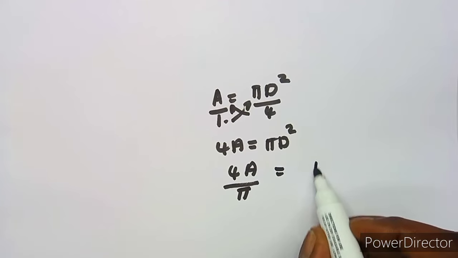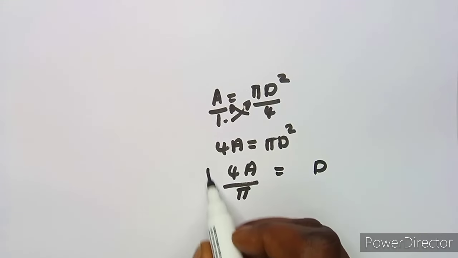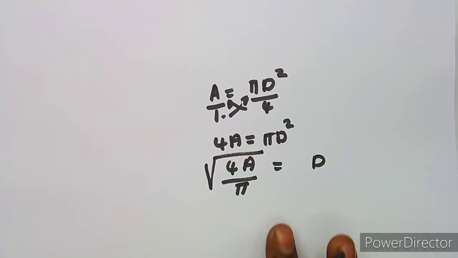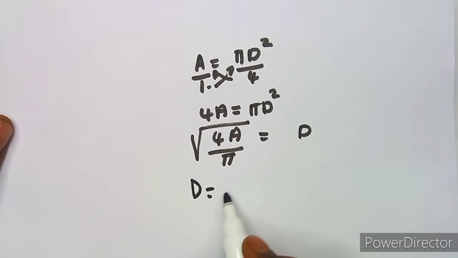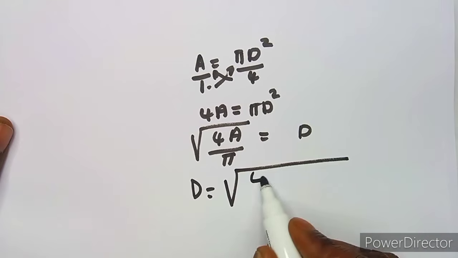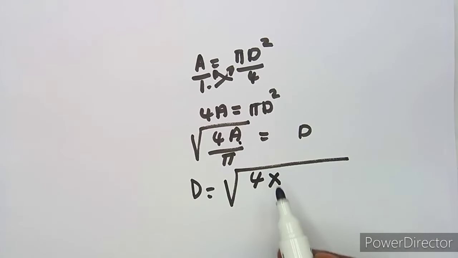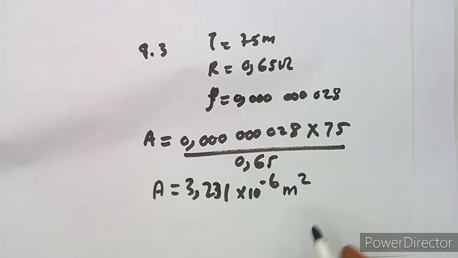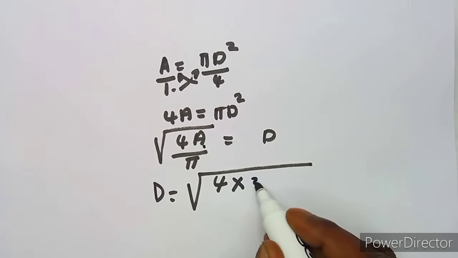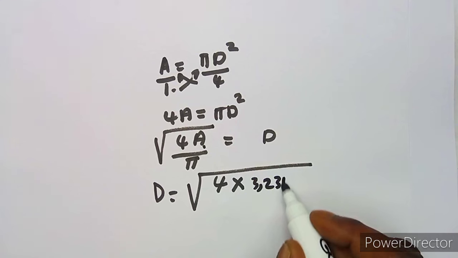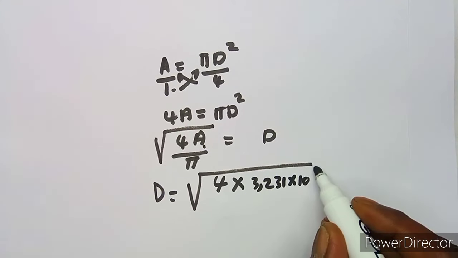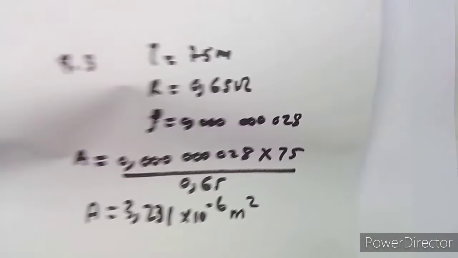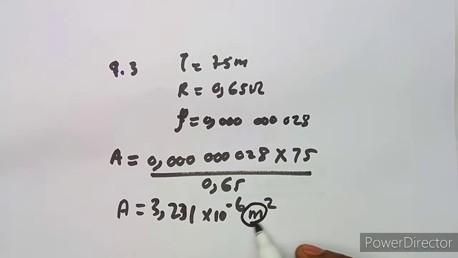Then to find d, since it's d squared, you introduce the square root. So d is going to be the square root of 4 times the area we determined here, 3.231 times 10 to the exponent of -6, everything over pi. That's your diameter in meters.